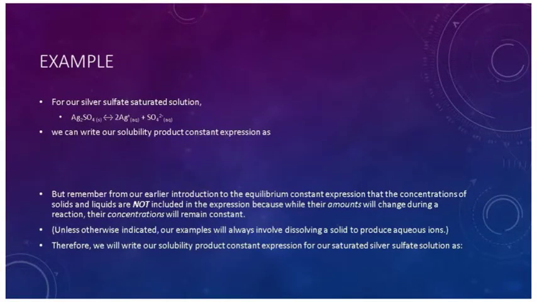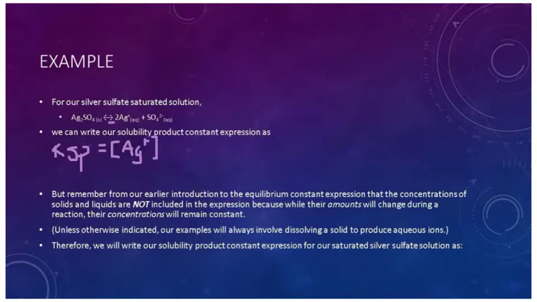For our silver sulfate saturated solution, the silver sulfate will turn into silver and the sulfate ion. We can write our solubility product constant expression as this. So we have our KSP equals the concentration of the silver ion.